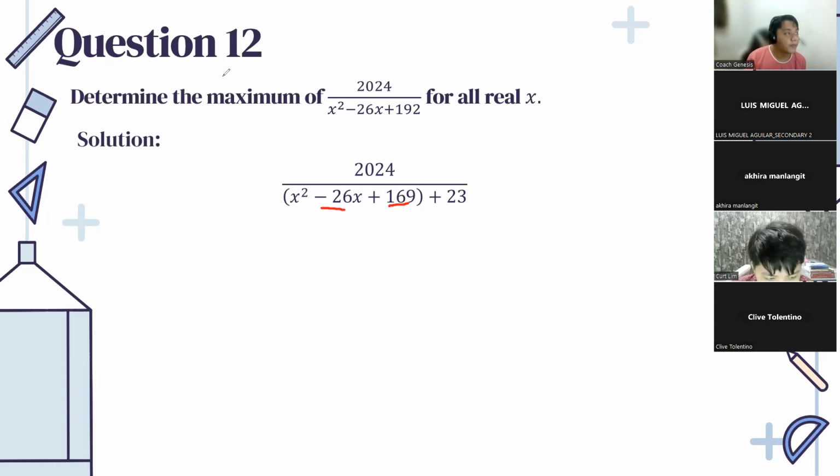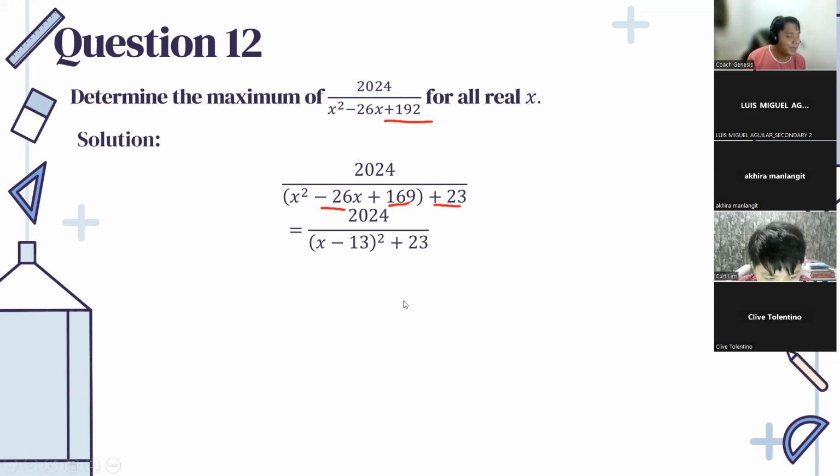So we already have a perfect square trinomial. Now, here we have plus 192. So you subtract 192 by 169, that will give you 23. So you add 23. So the total value for the denominator still remains the same.